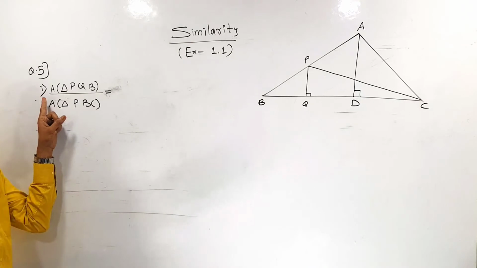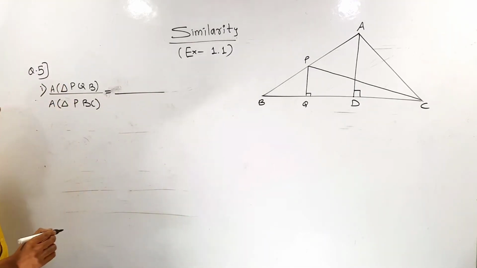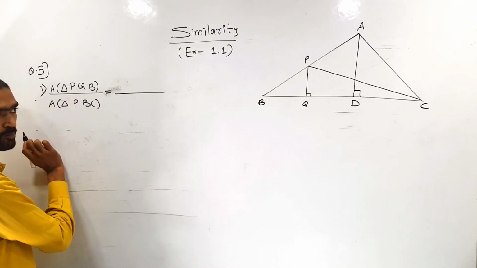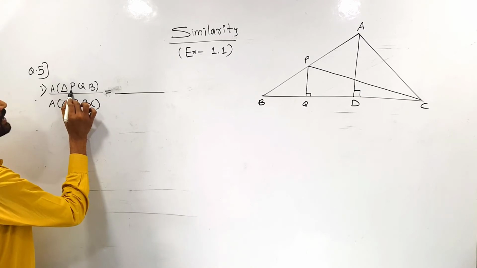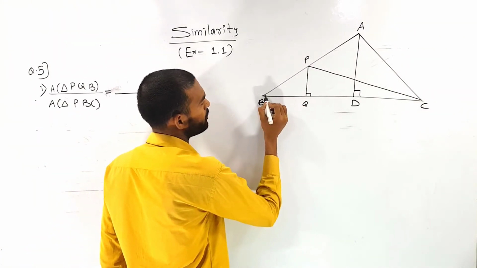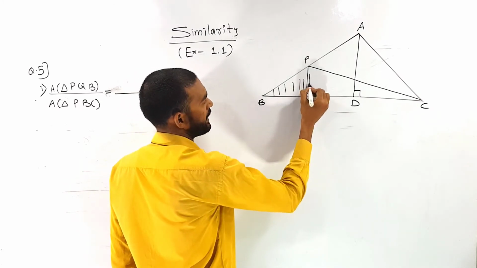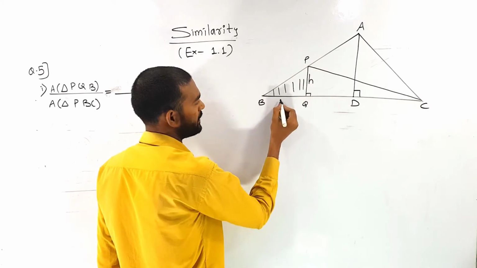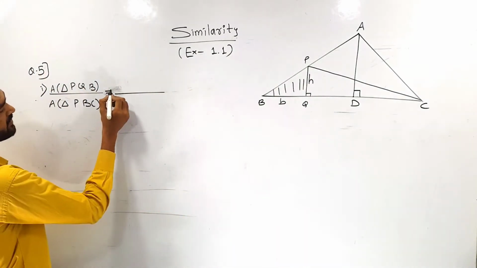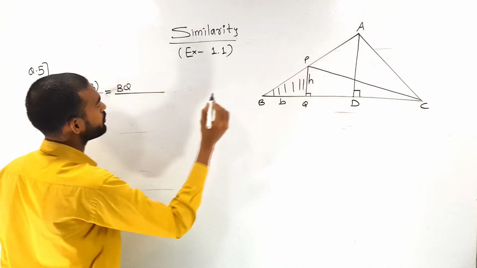now we know the ratio of area of triangles is equal to the ratio of their corresponding base and heights. So first we'll write base and height. In triangle PQB, let us check PQB. What is my height? My height is PQ and the base is BQ. So base is BQ and height is PQ.